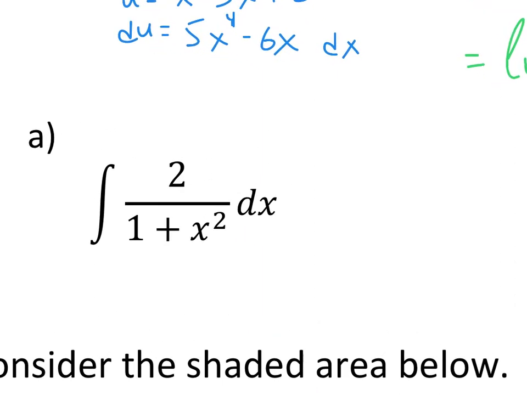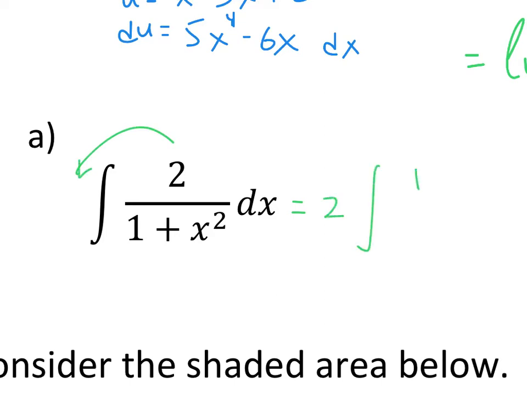And this guy here is one that looks kind of familiar. You might try to take the derivative of this, but you can't. And so this is one of our inverse trig integrals that we need to be familiar with. This 2 seems to be in the way, so let's pull that out.